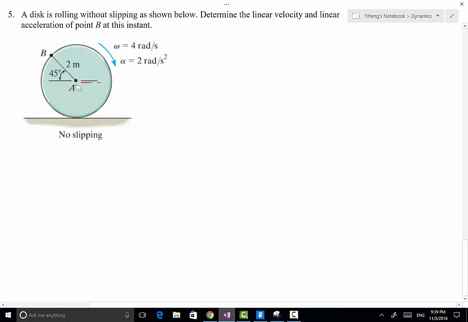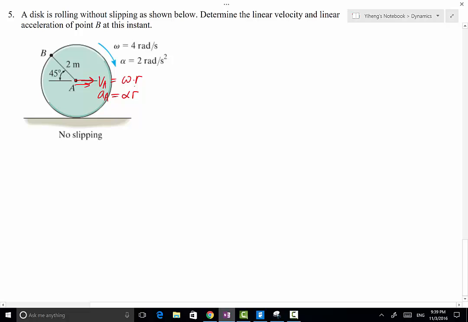Therefore, the linear velocity of the center, VA, will simply equal omega r, and its acceleration will only have one component. This point right here will not rotate, therefore there's no normal component. It will only have one linear acceleration component, also pointing horizontally, and that is simply alpha r.